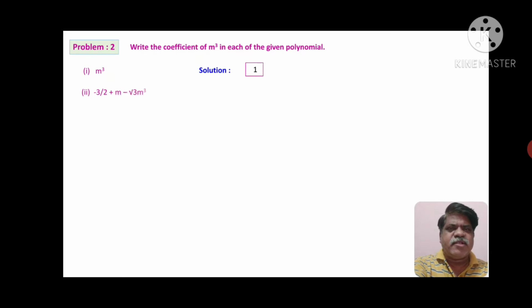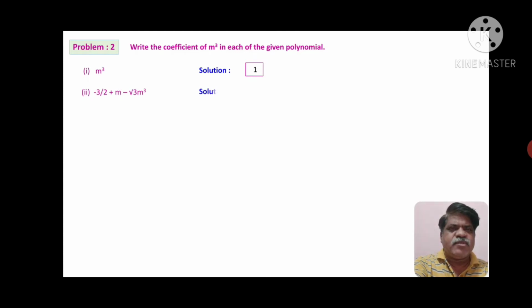Let us see now problem number 2. Write the coefficient of m cube in each of the given polynomials. Number 1 is m cube. Here for the solution we can write that the coefficient is 1. Second, minus 3 by 2 plus m minus root 3 m cube.